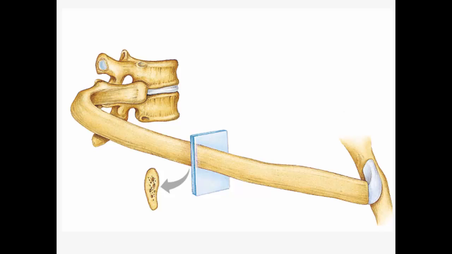As you look at the ribs, you can see where the ribs will articulate with the vertebra. This is known as the vertebral end of the rib. There will be special markings that will allow it to articulate with those facets on the thoracic vertebra. Because the rib is a flat bone, it is a spongy bone center with a compact bone shell.